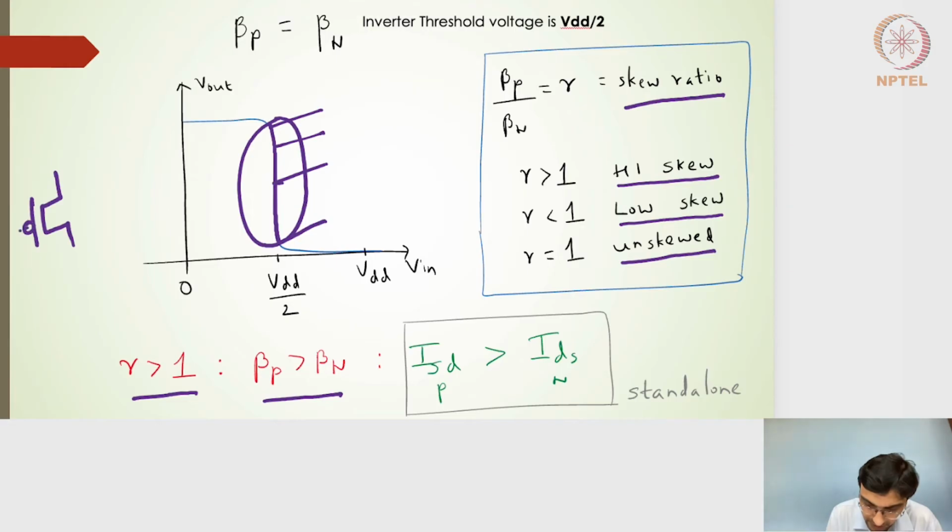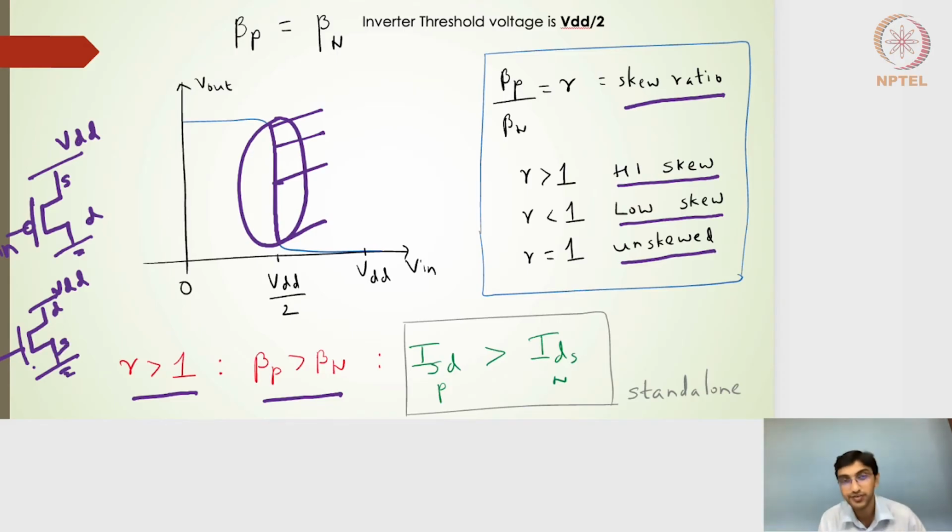So PMOS with a bubble, and then let me say that this is input, this is my source, and this I'll just ground instead of connecting it to the NMOS transistor, right? Because it's a standalone transistor. And similarly, I will draw an NMOS, which is V input, again a VDD here, and then a ground. Of course, this will be the drain for the NMOS, and this will be the source for the NMOS.